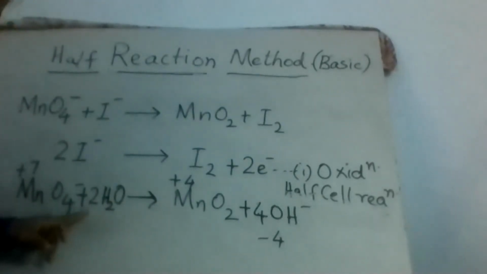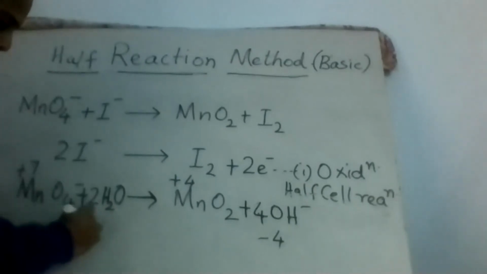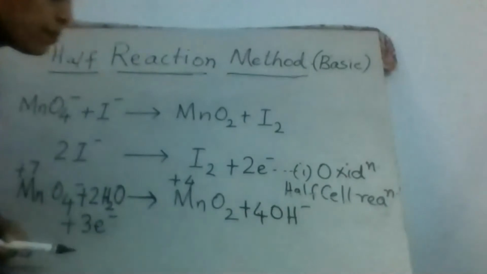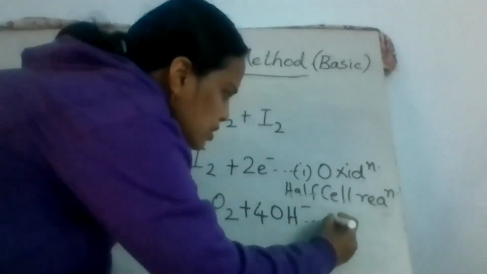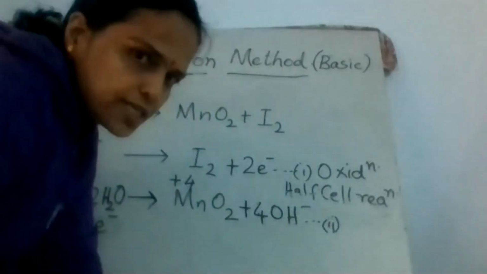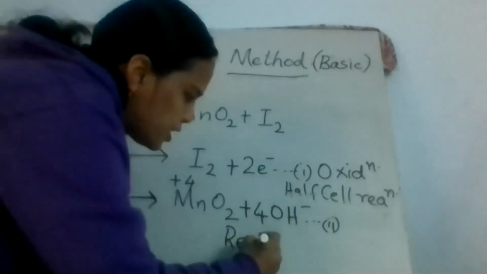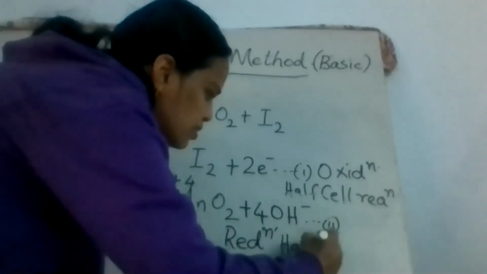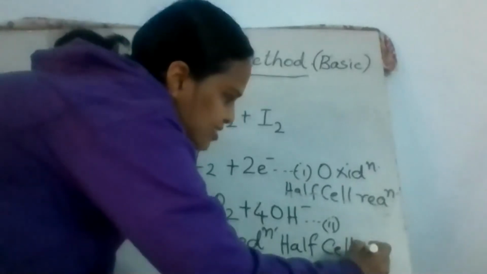So here I'll add on the left hand side 3 electrons to make the charges equal. This becomes the reduction half cell reaction, equation 2. You need to mention there reduction half cell reaction.